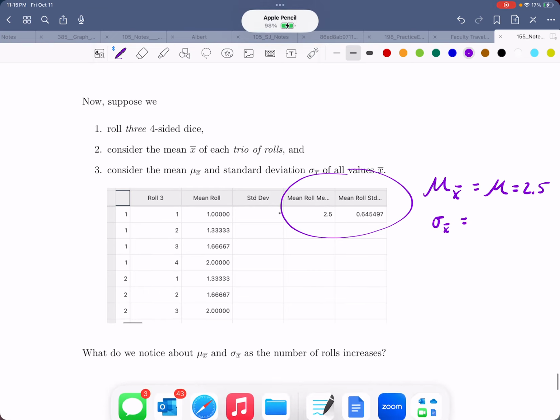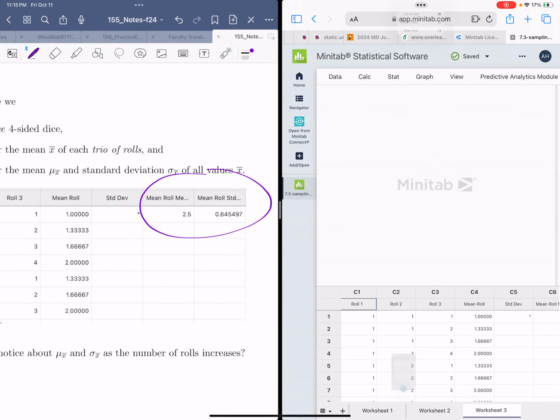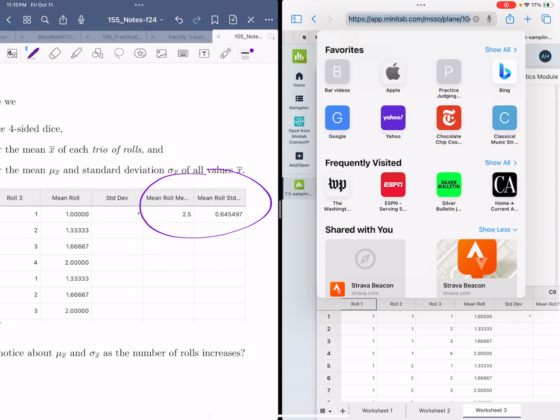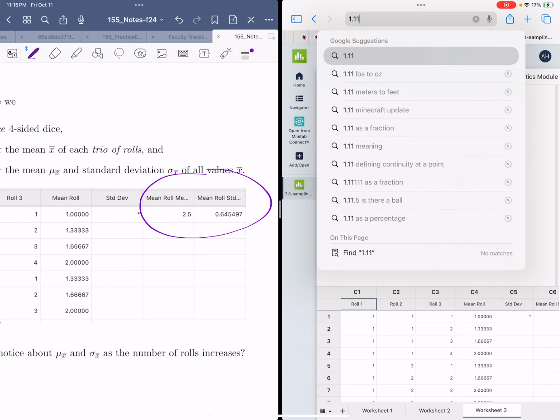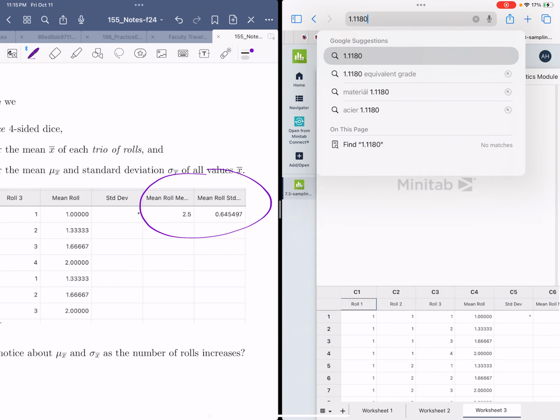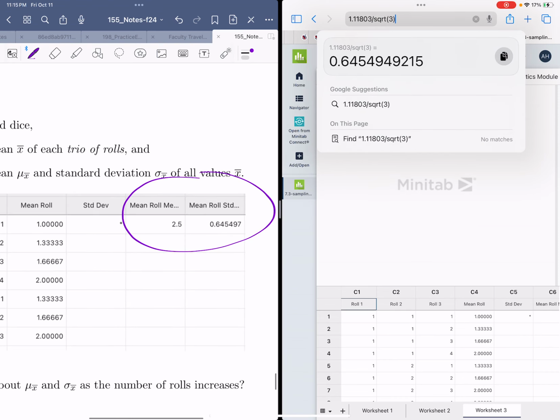Let me just try something really quickly here. We had 1.11803, I think it was. That was the original standard deviation, divided by the square root of 3. Oh, look at that. It gives us exactly the standard deviation that we just got here.